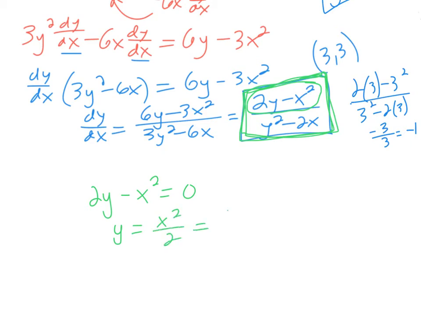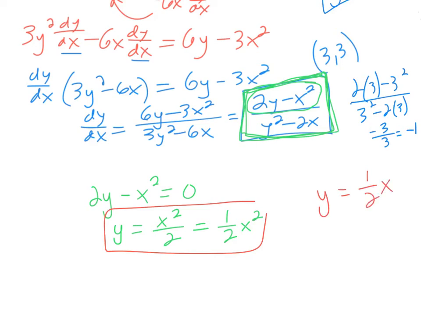So I get x squared over 2, or 1/2 x squared. And so if I want to find the actual x comma y points along that curve, I would have to sub this equation in, replace y with 1/2 x squared in the original problem, and try to solve for either of the variables here.